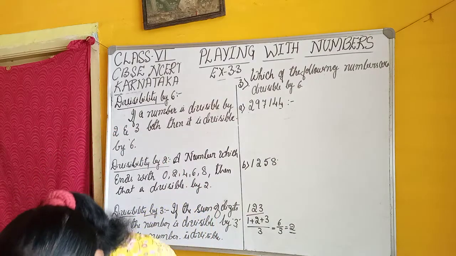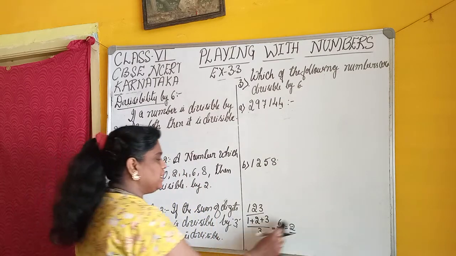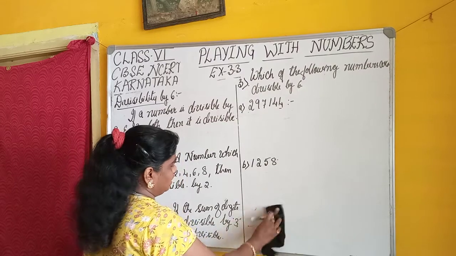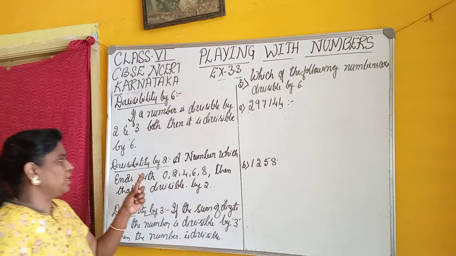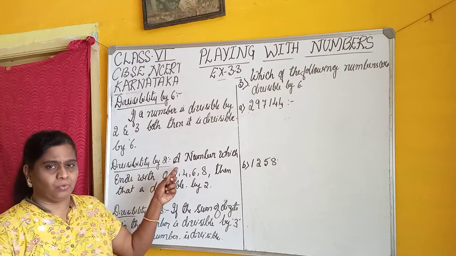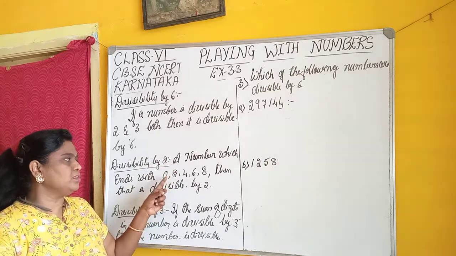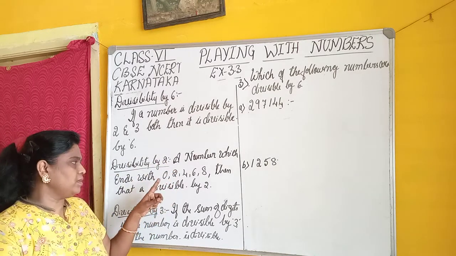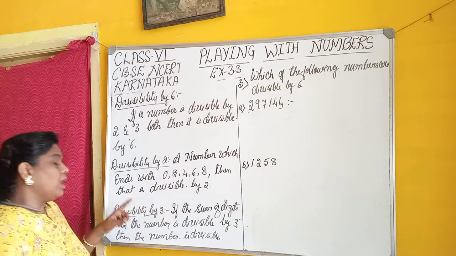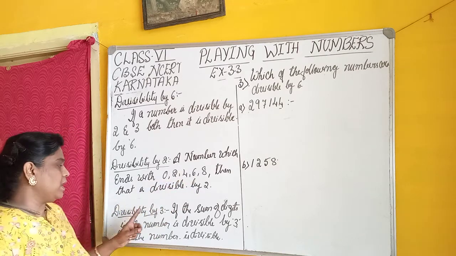I hope you understood. To check the divisibility by 6, what we have to do? First, we have to check whether that number is divisible by 2. The number should end with 0, 2, 4, 6, 8. And we have to check divisibility by 3.